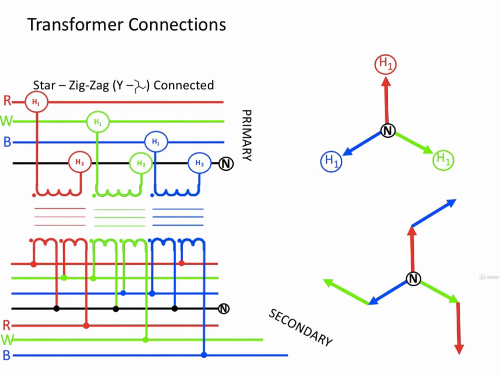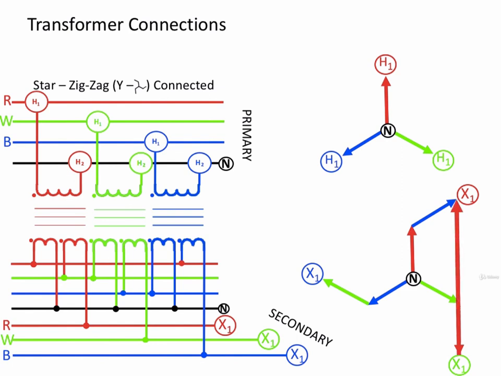The transformer having its H1 terminal connected to the red phase is referred to as the red phase transformer, and likewise the H1 terminal connected to the white phase is referred to the white phase transformer, and the H1 terminal of the blue phase is connected to what we call the blue phase transformer. The secondary terminals are brought out to form X1 red, X1 white, and X1 blue.